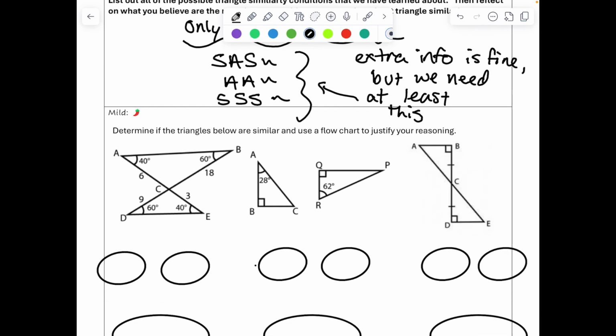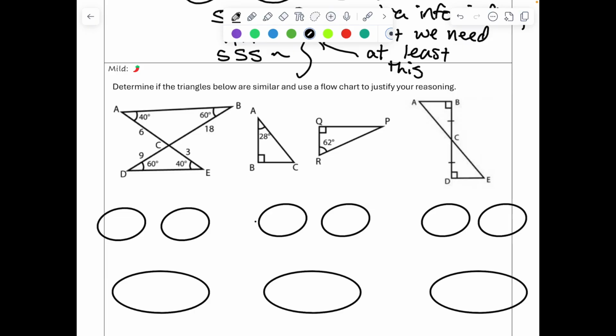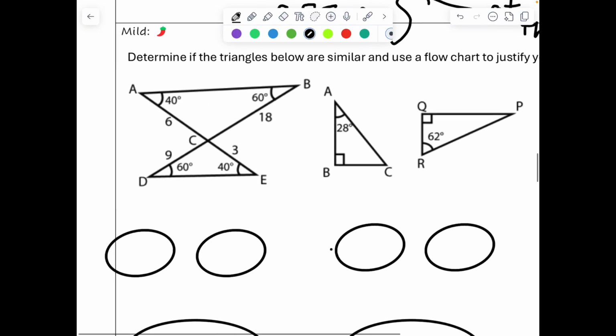So we're going to determine if the triangles below are similar, and then we're going to use a flow chart. So here we have a couple of options. We do have angle-angle similarity here, right? The 40s together, the 60s together. We also have another pair of congruent angles here in the middle. These are vertical angles, right?